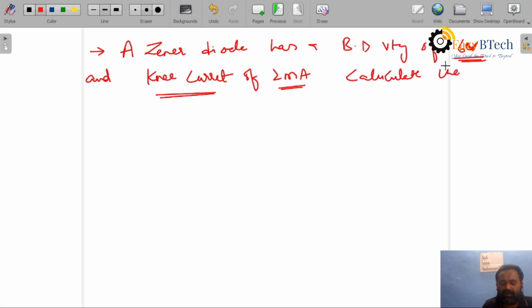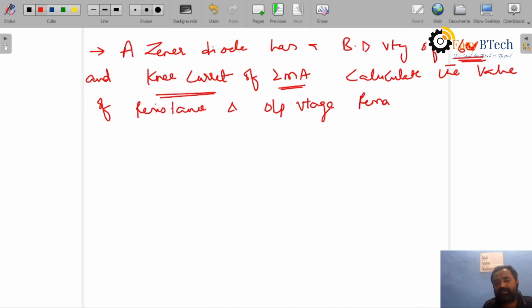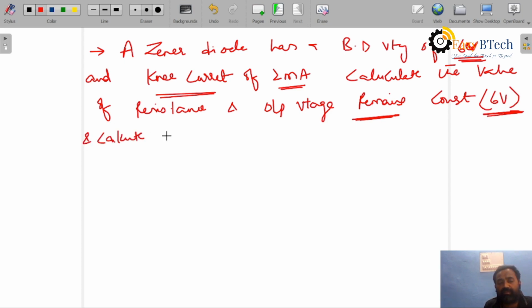Calculate the value of the resistance, given that the output voltage remains constant at 6 volts, and calculate the maximum power rating.